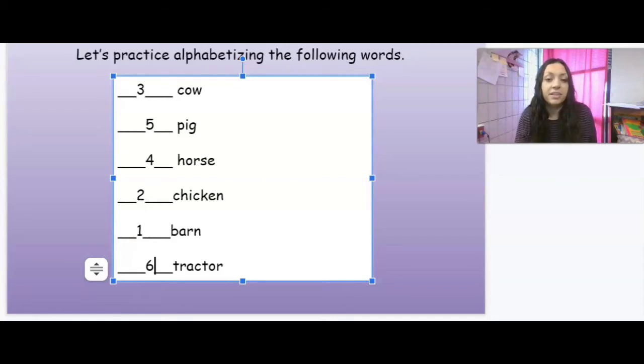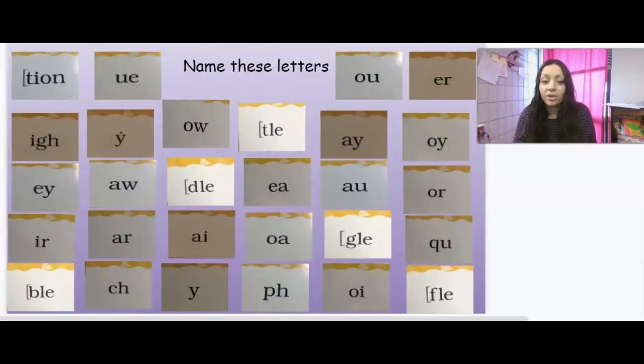Very good. All right, let's go ahead and name our letter cards. Are you ready? We have final syllable, T-I-O-N. Then we have digraph, U-E. Diphthong, O-U. Combination, E-R. Trigraph, I-G-H.